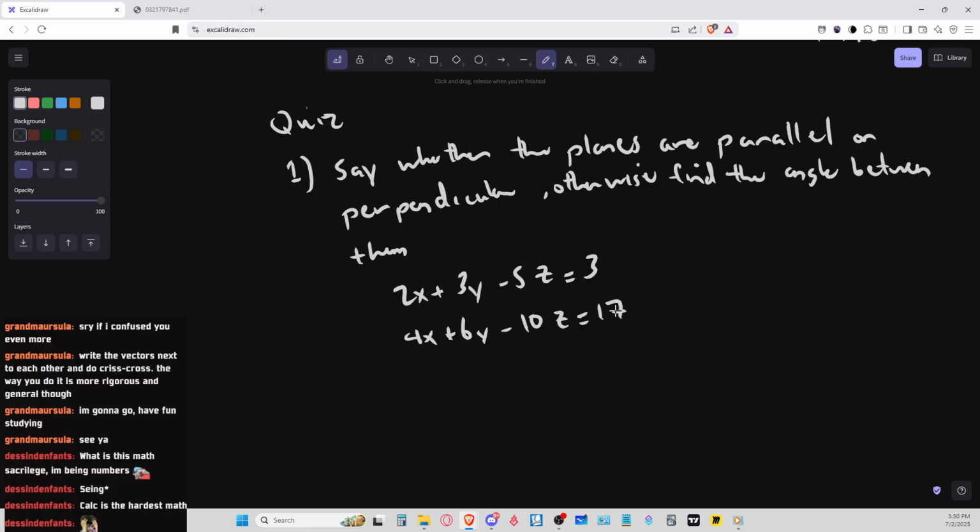Now, let's see if they're parallel first. Yep, I think they are, because it looks like each one of them are reduced to a half. So the first one, they are definitely parallel. Correct. Nice. Next question.